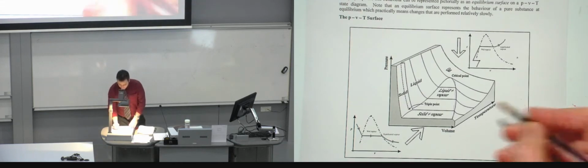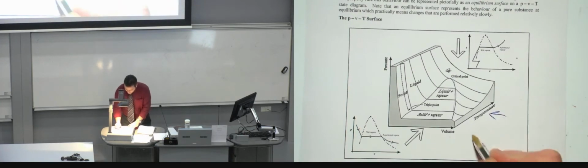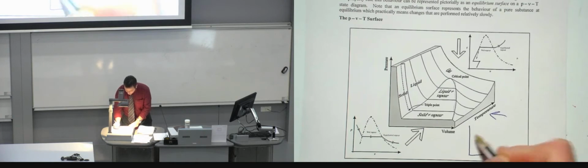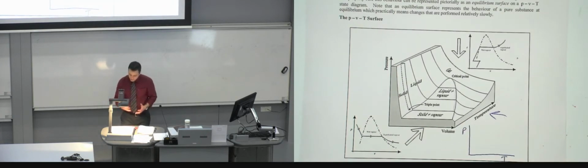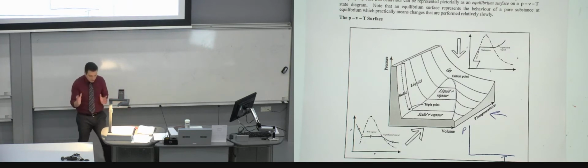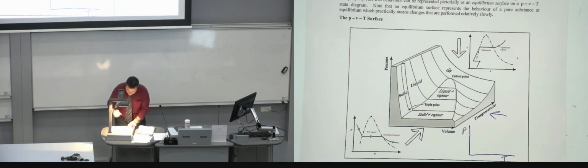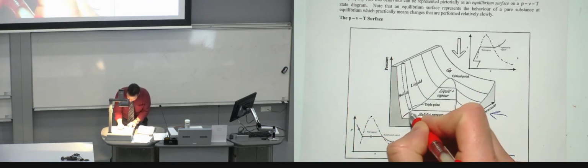You could also be looking from this side. It's not included here, but I'm going to draw something. So essentially then you're going to have pressure and temperature. And if you're looking at this diagram from this angle, what you will be seeing is something a bit more simple. I'm just going to highlight the lines that you will potentially see. You will see this line.